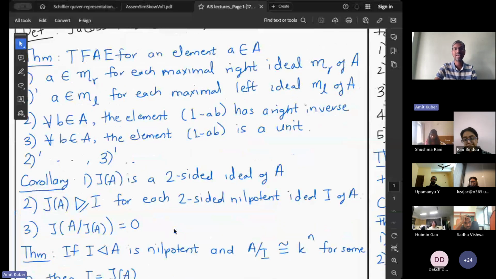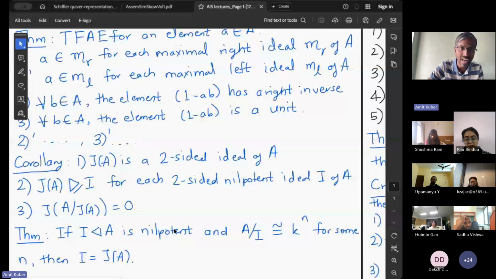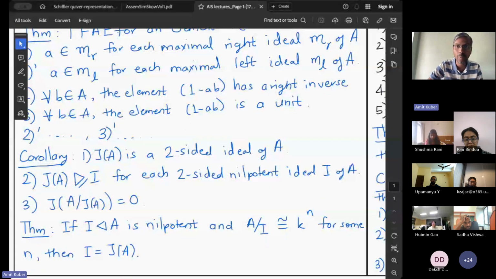The next theorem, which is a standard result again: if I is a nilpotent two-sided ideal, this triangle notation actually denotes that it is a two-sided ideal, such that the quotient algebra is isomorphic to k to the power n, then I is actually just the Jacobson radical.